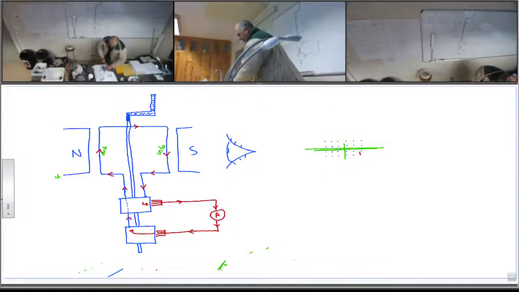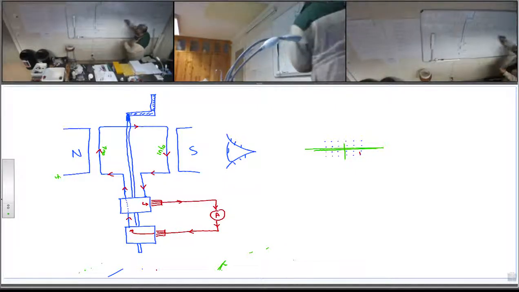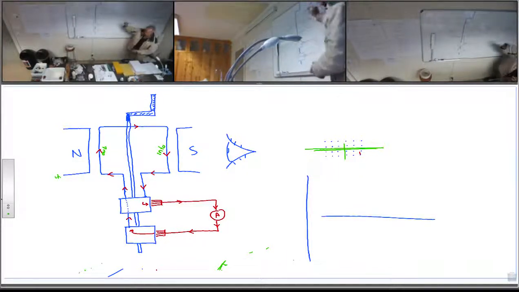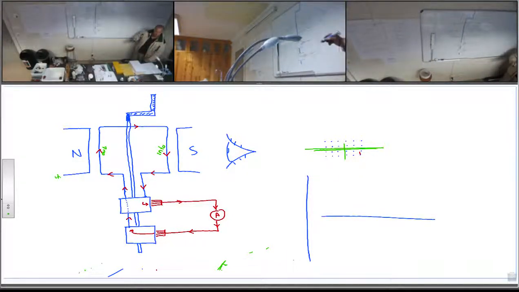If you had to plot a graph, it would look like this. Are you going to start off now with maximum current or not? Maximum current. When it gets to the vertical position, what's your current? Zero.